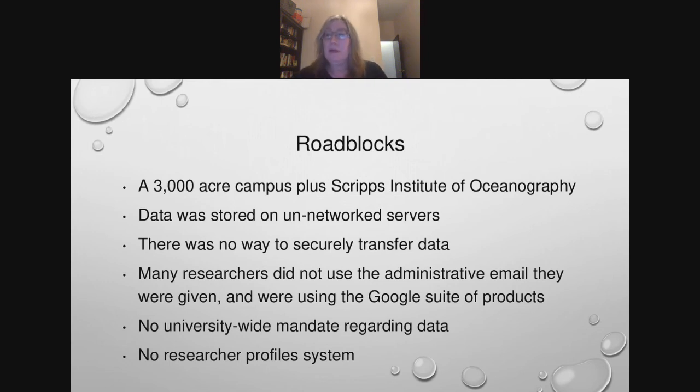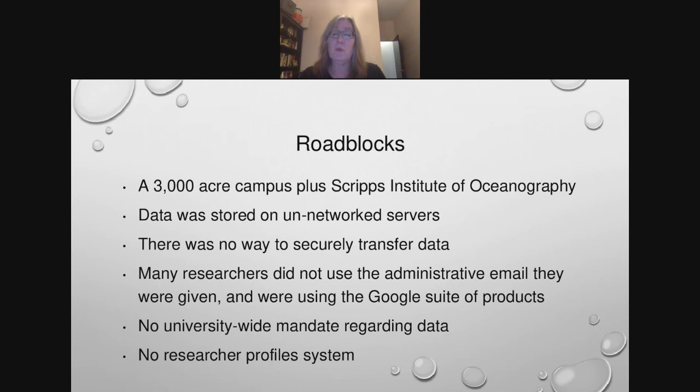And they didn't have a way to securely transfer the data. And this was because when you join UC San Diego, like any other institution, you get your institutional email, you get your links to the servers that you have access to, et cetera. A lot of these researchers got those things and then immediately went to Google and did all of their email, did all of their storage on Google or Dropbox or something that was not connected to UCSD servers.